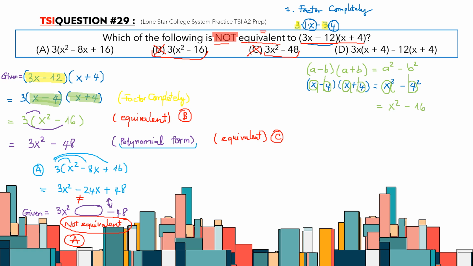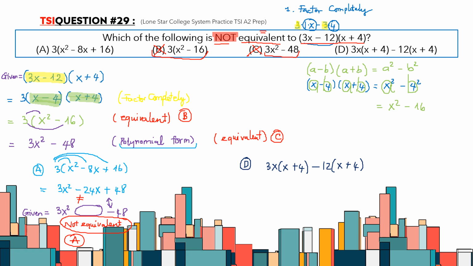Okay. Now we can check for D. We have 3x times x plus 4 minus 12 times x plus 4. Okay, so we see that we have the x plus 4 in common, right?